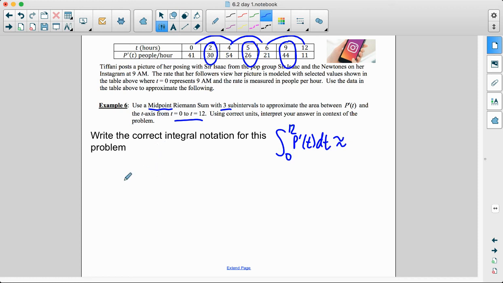All right, midpoint. So 2, the height is 30. So 30 times, and the width from 0 to 4 is 4. The height of the middle rectangle, which goes between 4 and 6, has a height of 26, which is from 4 to 6, so that's 2 wide. And the third rectangle has a height of 44 from the midpoint, and it has a width of 3. From 6 to 9 is 3.